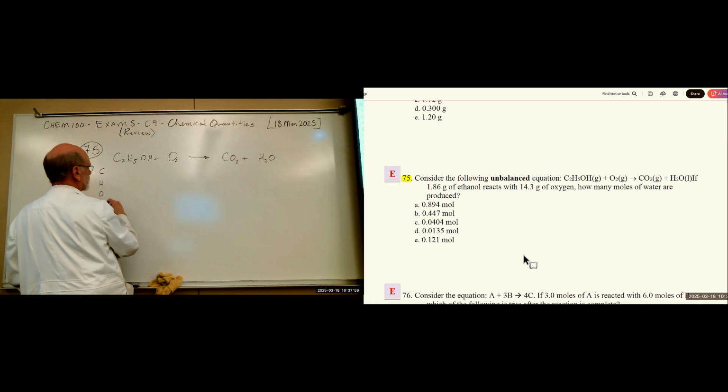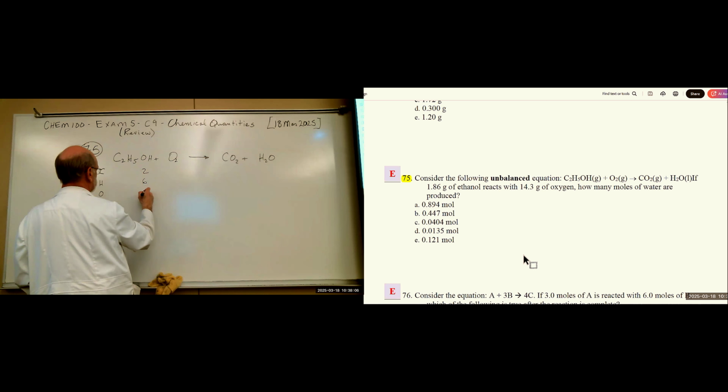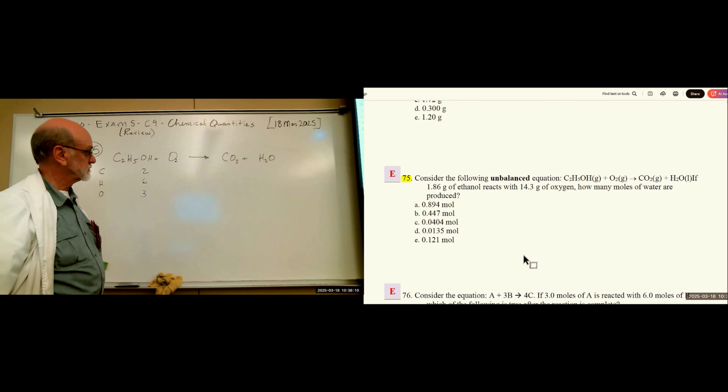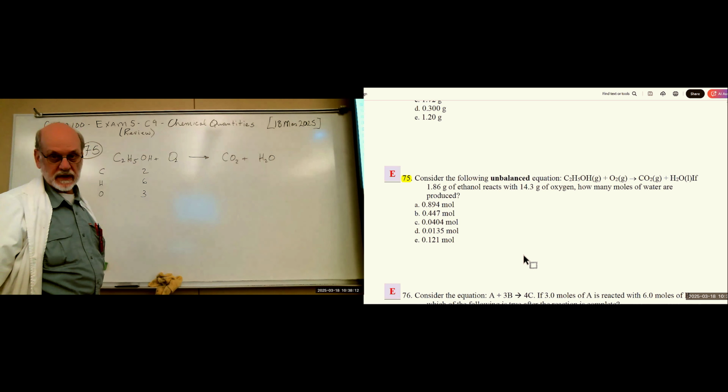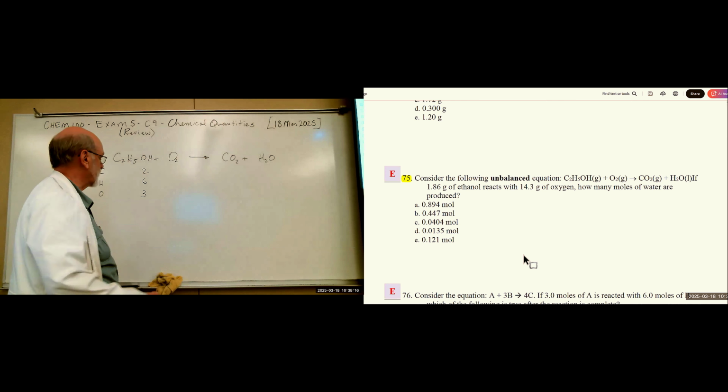Should be able to go fairly quickly this time. 2, 6, and 2, 3. Be sure I got everything up there. Yeah, okay.